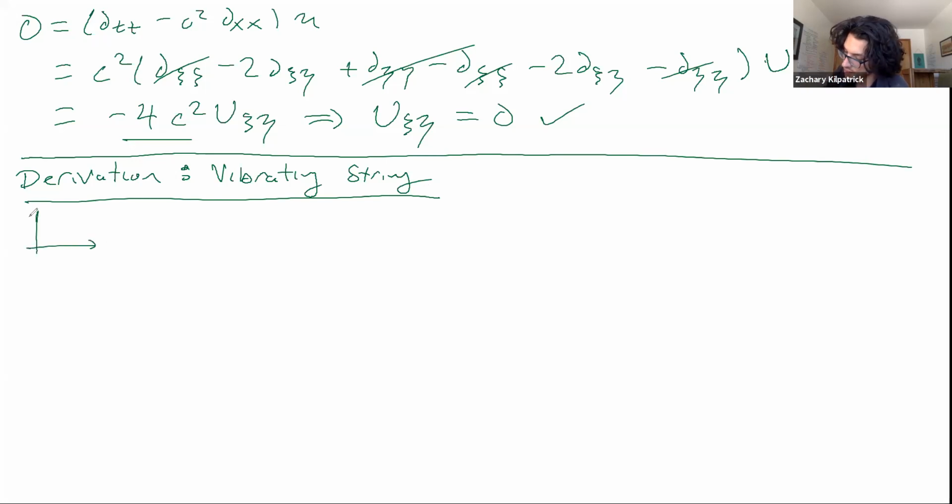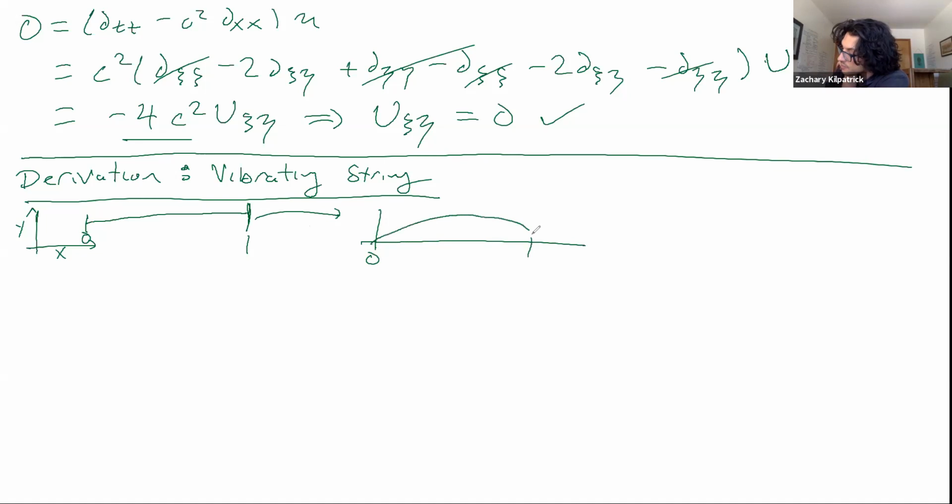So let's start with writing down some coordinate frame, X and Y. Let's say that we have a string that's stretched from 0 to 1 initially, and that we pluck the string so that it's displaced from 0 to some length L now.